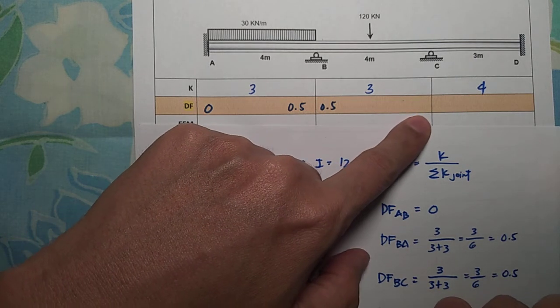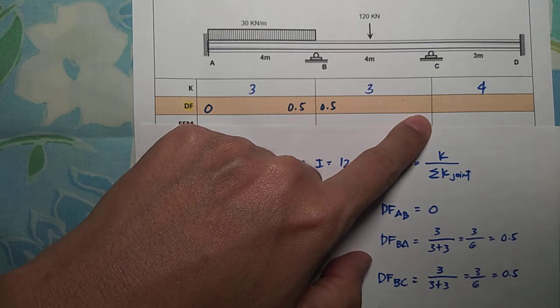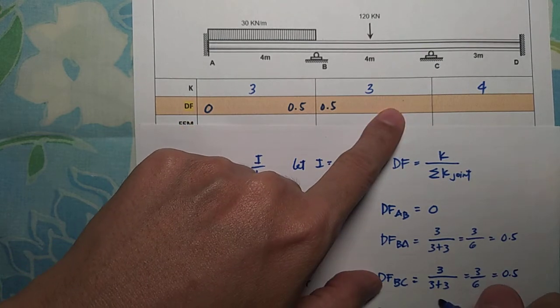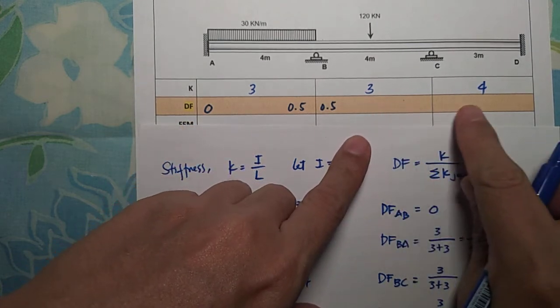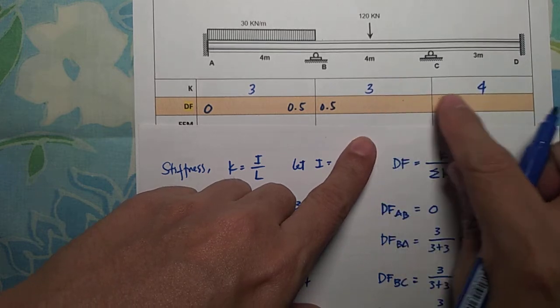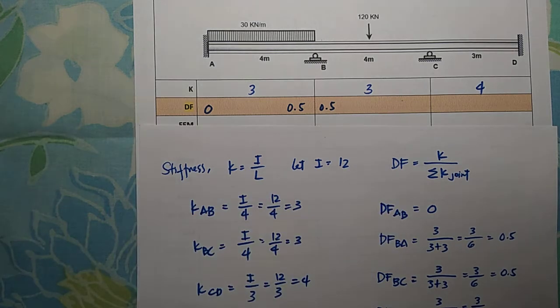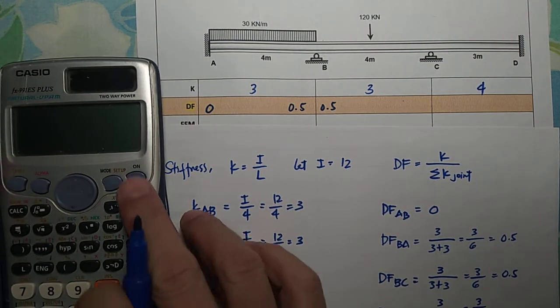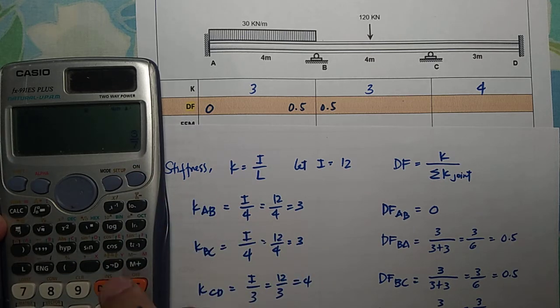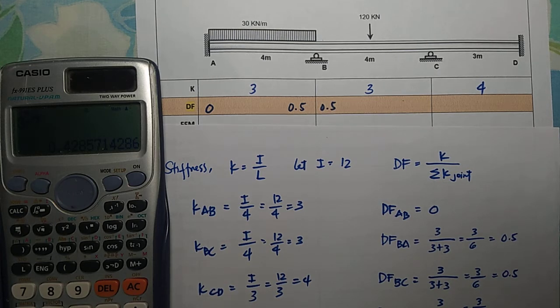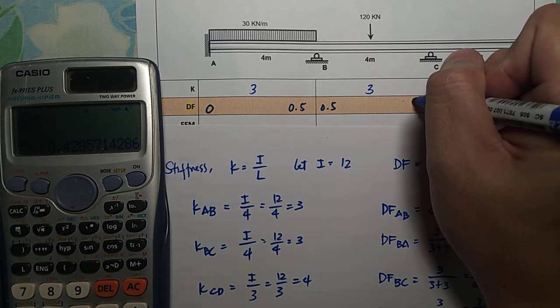How about the DF at C? The DF on CB is equal to the stiffness on this member, 3, divided by the summation of the stiffnesses at this joint, 3 and 4. So that is 3 over 7, which is 0.4285. Let's keep it in fraction form, 3 over 7.